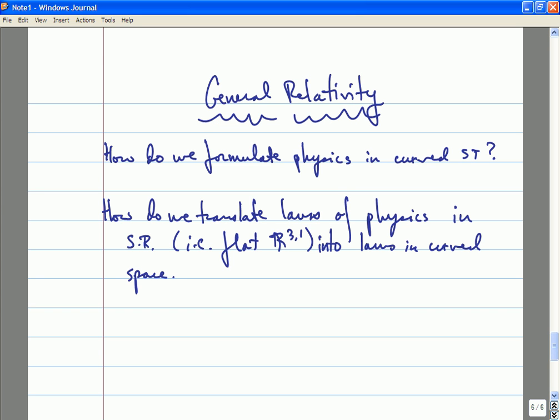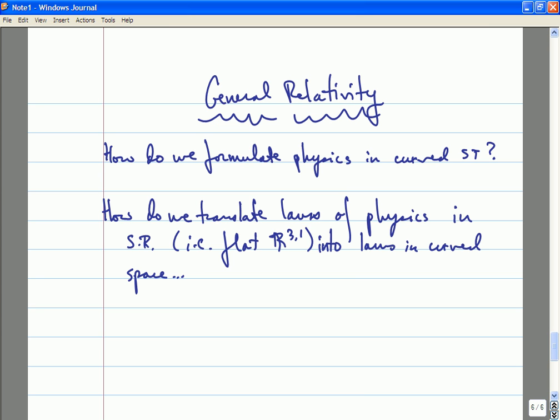A priori, there's no unique way of doing this. You could certainly imagine that if you take your favorite law of physics, electromagnetism, or any sort of law of physics, and you translate it into curved space, there could be, in principle, many different ways of doing so.